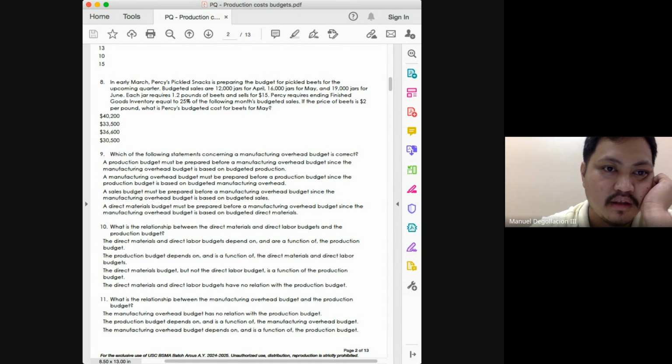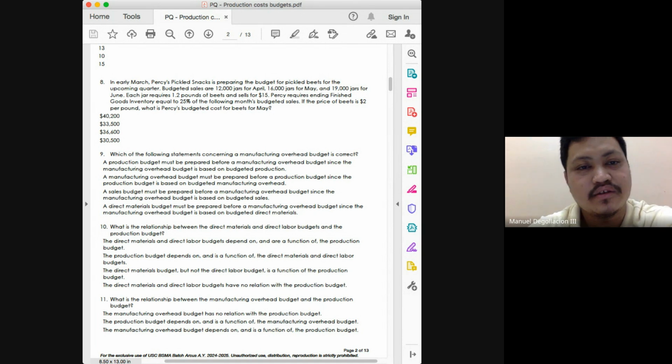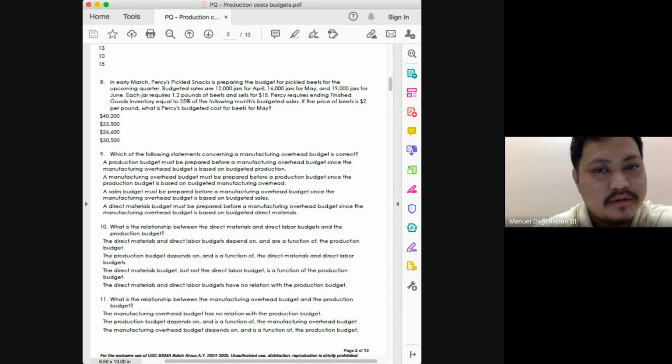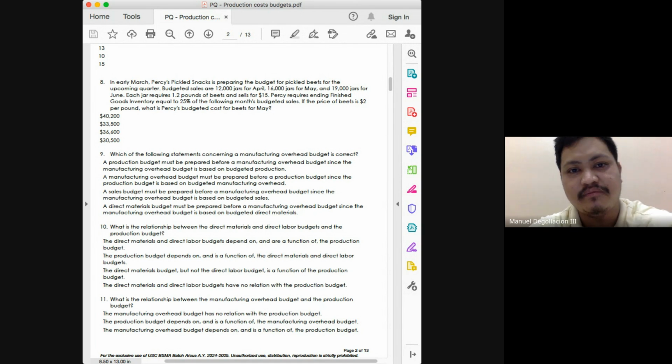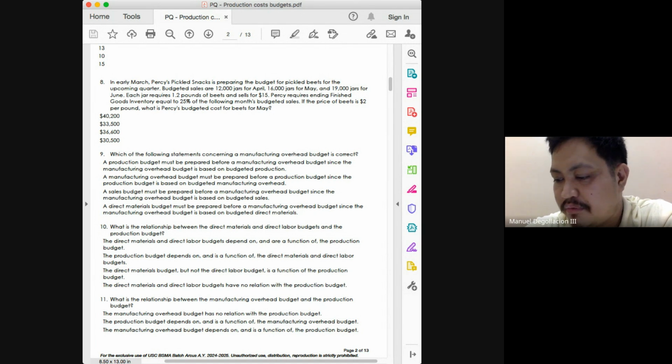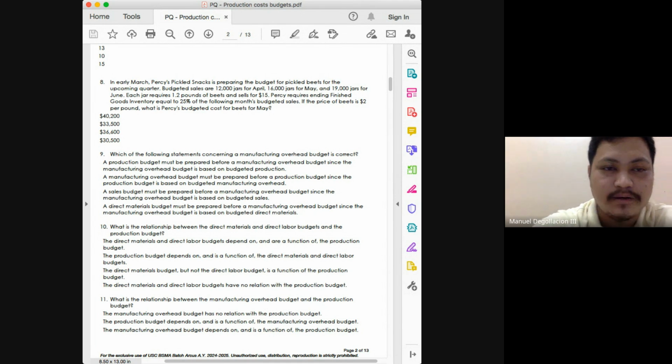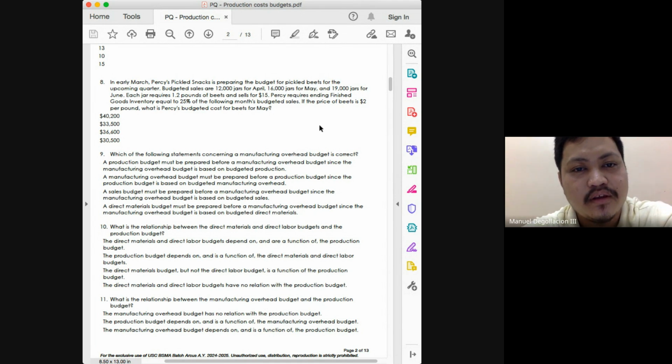But we're talking about budgeted cost for beets. We will have to multiply this by the cost for every pound of beets. And the problem tells us that the price of beets is $2 per pound. So we will multiply 20,100 by 2. This will give us 40,200.